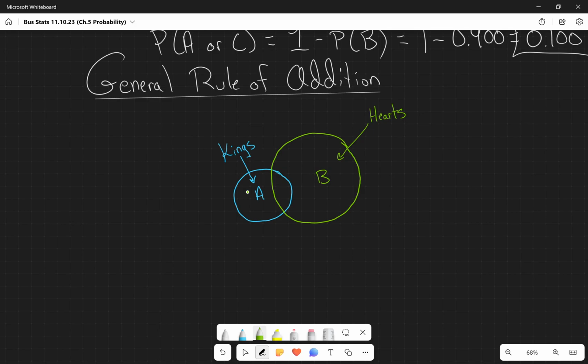And now we have a situation where when we're looking at the King of Hearts, it's going to be in the middle here, right? The King of Hearts is going to be this A and B area in the middle.